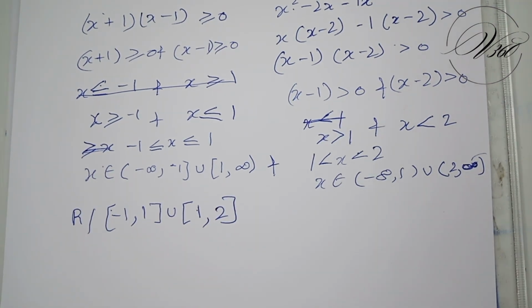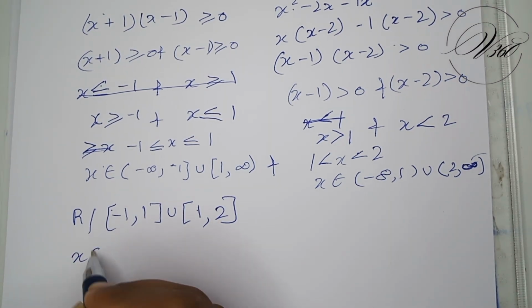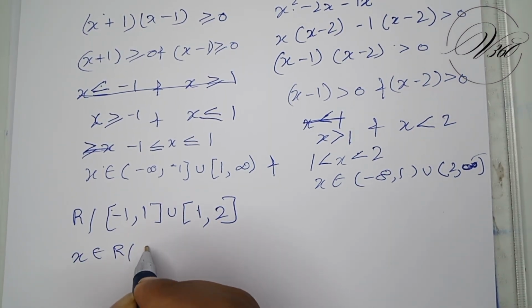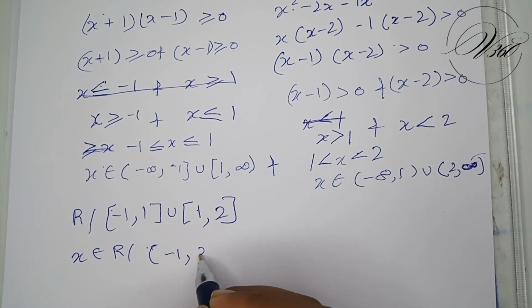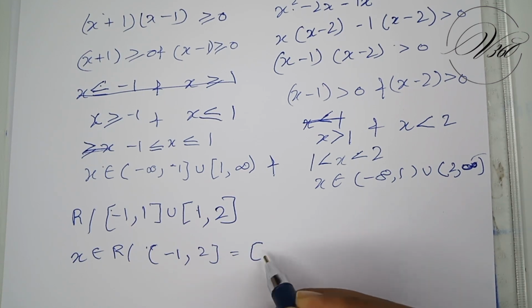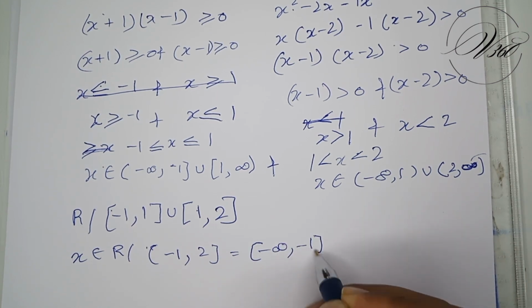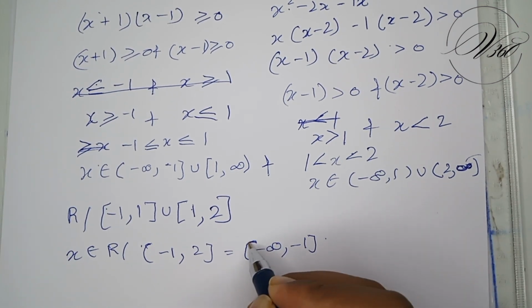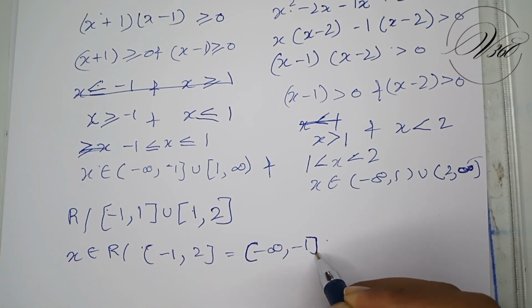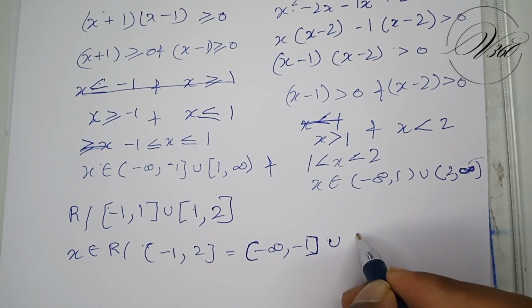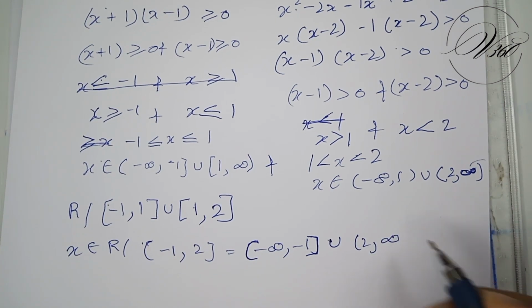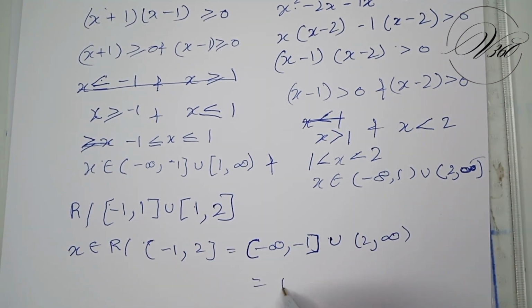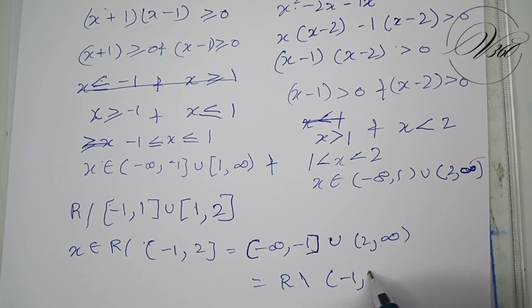Okay, now here we can write x belongs to R slash minus 1 comma 2, which is equal to minus infinity to minus 1, with a curved bracket and a block bracket, union with 2 comma infinity, that is R slash minus 1 comma 2.